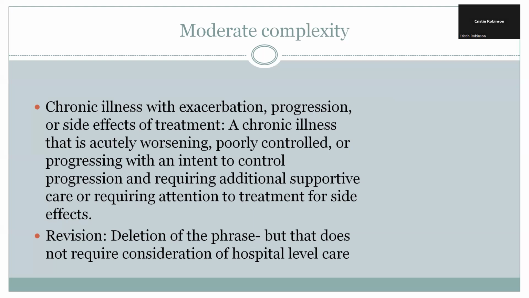So this was a revision from the 2021 guidelines, the deletion of the phrase, "but that does not require consideration of hospital level care." So that's just a side note for you to have.